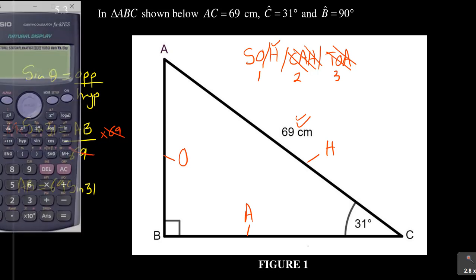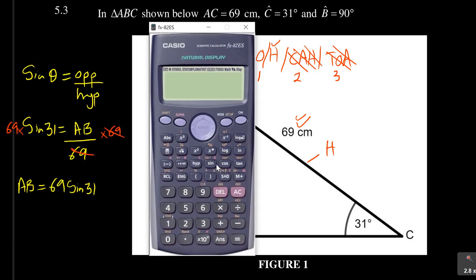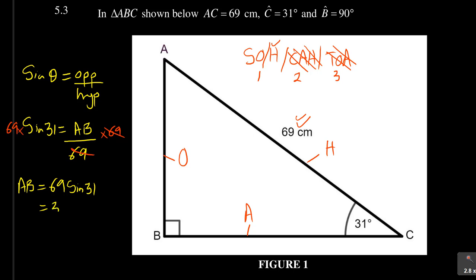So if I do that, I will have 69 sin 31, which will give me 35.5377, and if you round off, it gives you 35.538. So this becomes my AB.